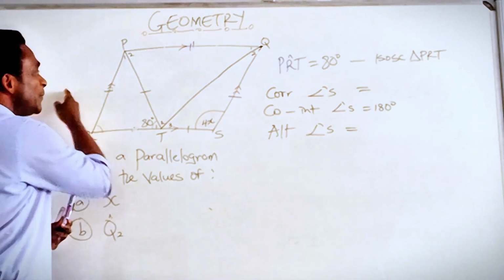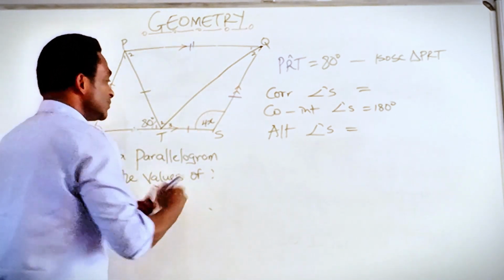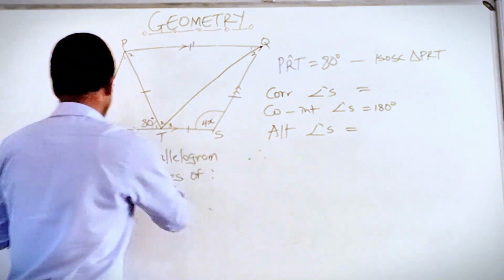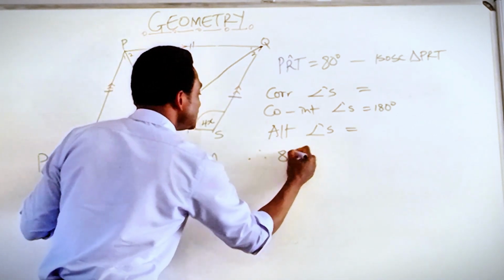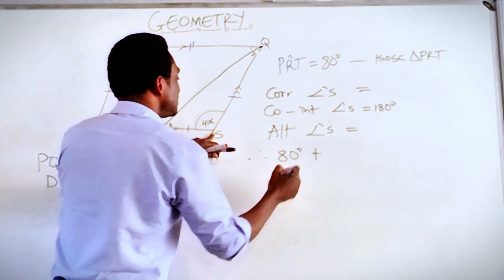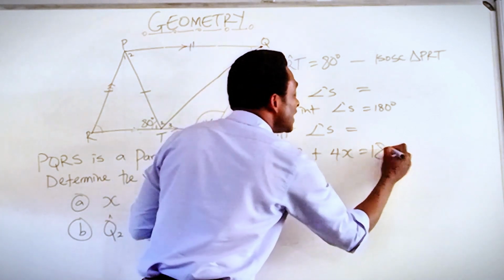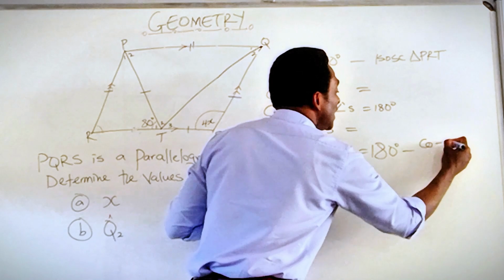Now, for these two parallel lines on this side, because of these reasons, our angle PRT, which is what we got, 80, plus angle QST, which is 4x, will be equal to 180 degrees. And our reason is co-interior angles.